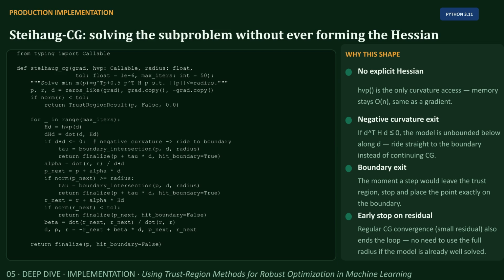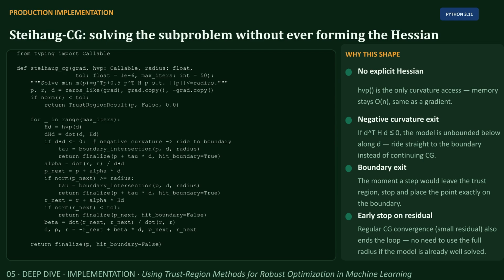The moment a proposed step would leave the ball of radius delta, the algorithm solves a small quadratic for exactly where the current search direction crosses that boundary and stops precisely there. The third, and most ordinary exit, is just normal CG convergence, a small residual. This is structurally the same machinery you'll find inside PyTorch's higher-order gradient utilities, inside Hessian-free optimization frameworks, and as we'll see shortly, inside TRPO itself.